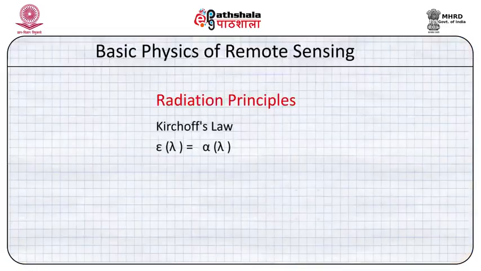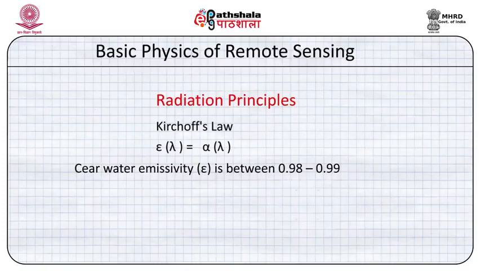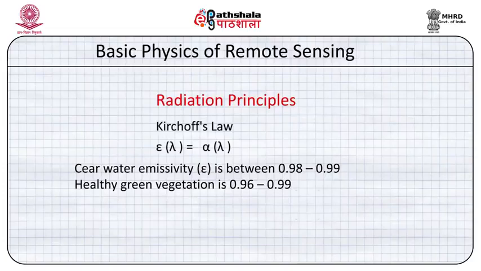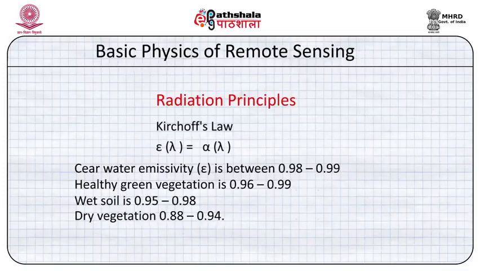For clear water, emissivity is between 0.98 to 0.99, that is a very high spectral emissivity. Healthy vegetation, green cover, has spectral emissivity between 0.96 to 0.99, wet soil is 0.95 to 0.98, and dry vegetation 0.88 to 0.95.